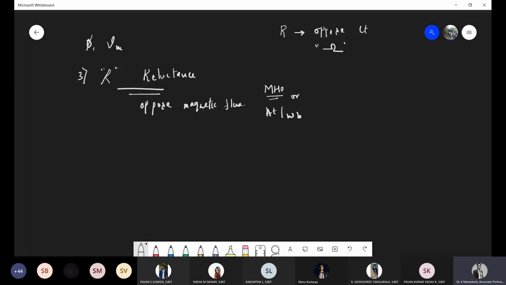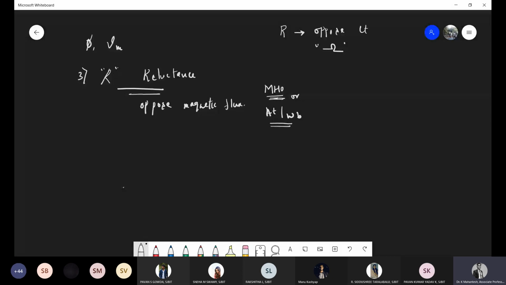So what is reluctance? Reluctance is the property to measure the opposition to magnetic flux in any given magnetic circuit. And the unit is ampere turns per Weber or mho. Remember, it is somewhat similar to resistance in your electric circuit.